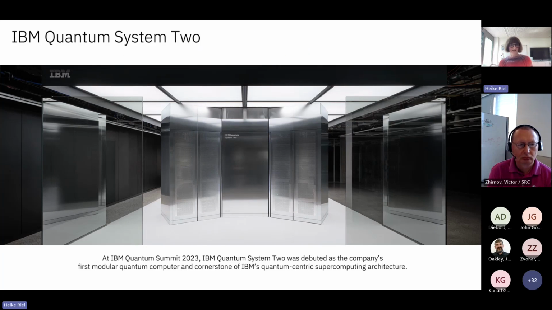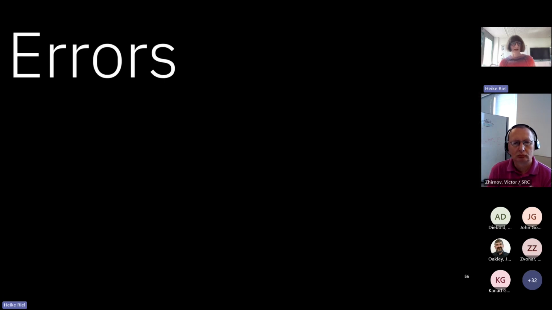So this modularity is a very important parameter in order to scale further up. And this is also in the new system which we built. This is the new IBM Quantum System 2, where you have the fridge and the electronics on the side, in a hexagonal layout which you can expand more and more.